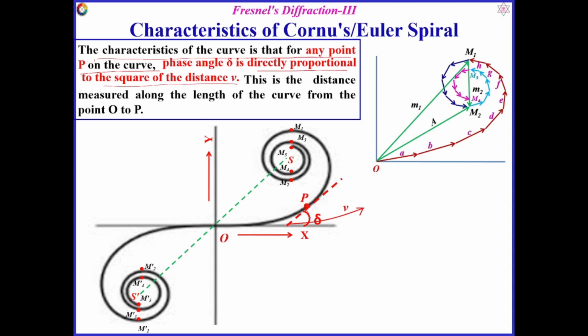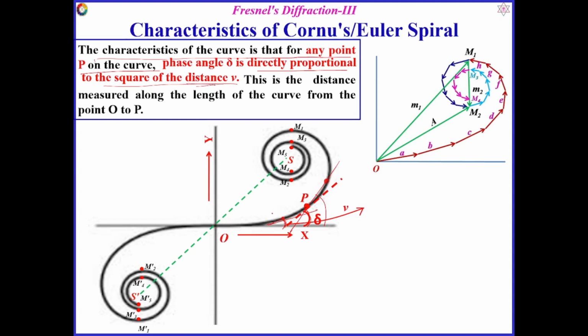Suppose I consider P over here, and I draw the tangent at the point P. This will be the phase angle.